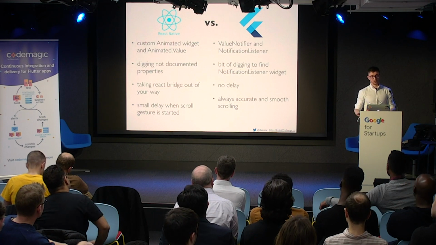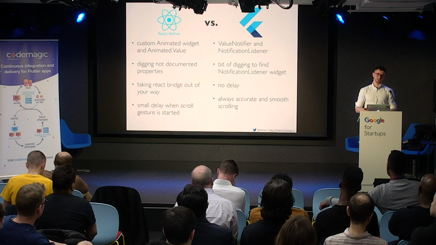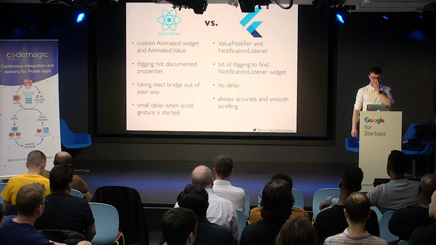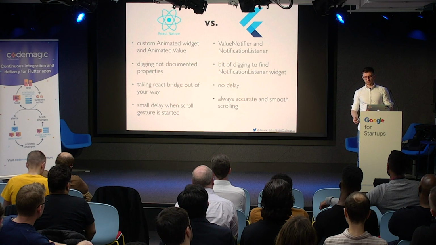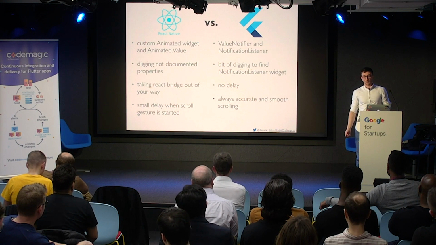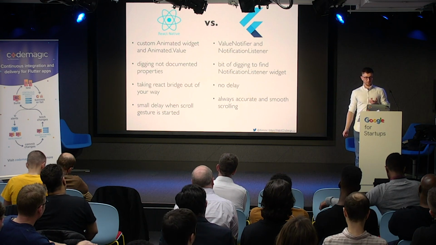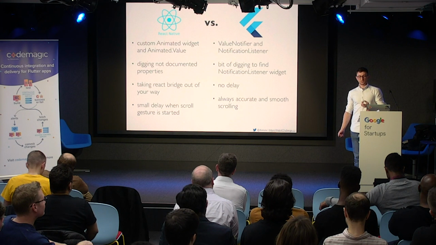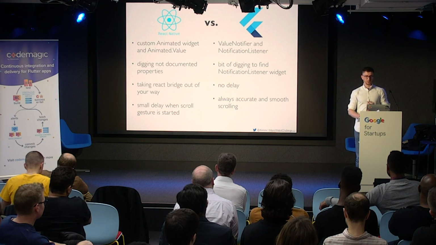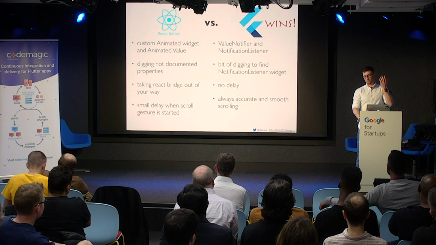Okay, they are not used on a daily basis, but I'm guessing they are easier to use than animated. There was a bit of digging to find out about the notification listener, but it was worth it. There is no delay. The lists are always synchronized, the scroll is always smooth, and there are no glitches. So Flutter wins.